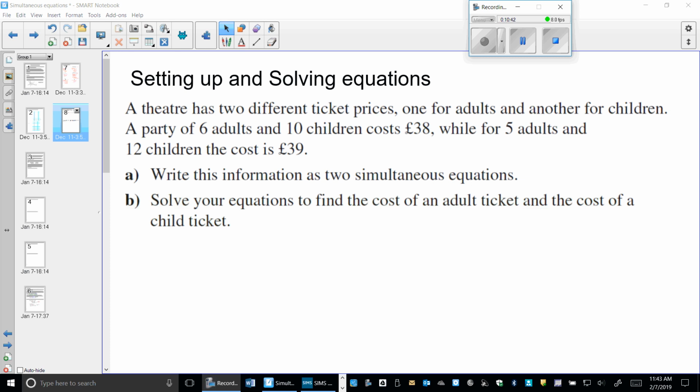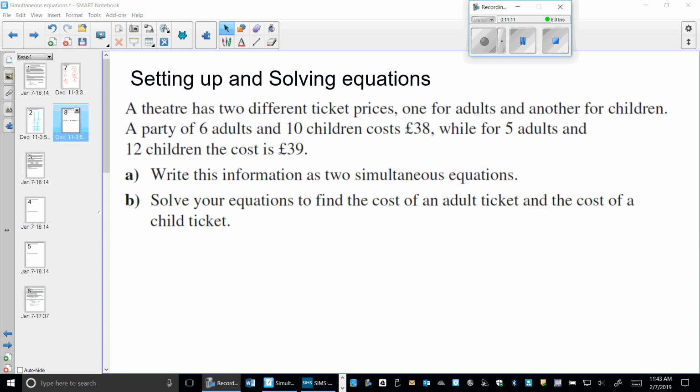Essentially, if a question is talking about two different things happening, then it's probably a simultaneous equations question. They may, as this one does, give you a clue and say, write the information as two simultaneous equations, or they may just ask you to find something, which means you'll have to set up simultaneous equations. Either way, let's have a go at these two, and then hopefully it will help you with some of the others.